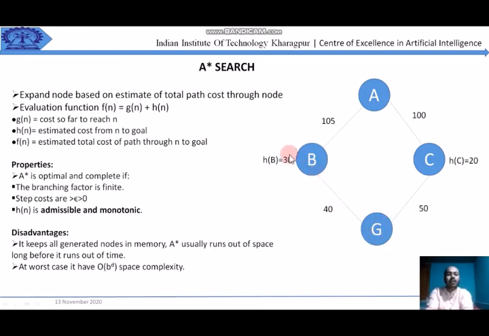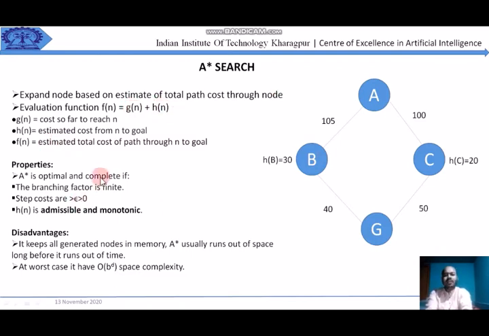Here h(B) is 30, and f(n) is the estimated total cost of the path through n to the goal. Here n is B and C, so ultimately f(n) is equal to g(n) plus h(n).